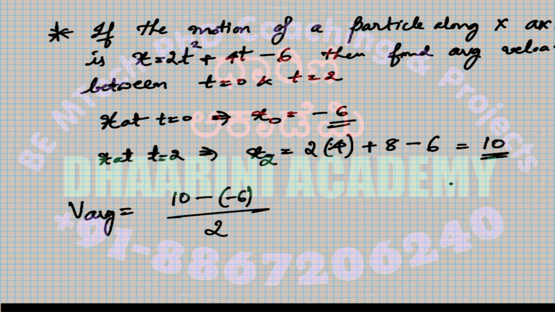Okay, let's move to the next type of question. A curvilinear motion is defined as x equals to 2t square and y is equal to t cube.